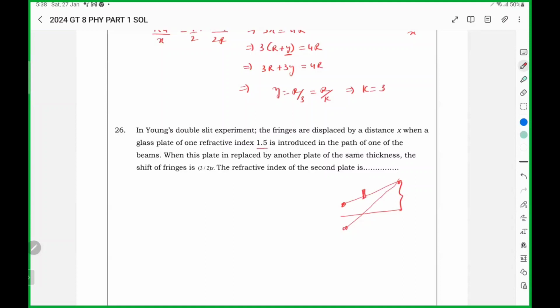Glass plate of refractive index is introduced, it is displaced by x. So that fringe shift formula we have beta by lambda, where beta is fringe width, which is given as x.